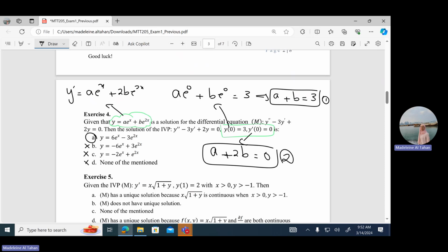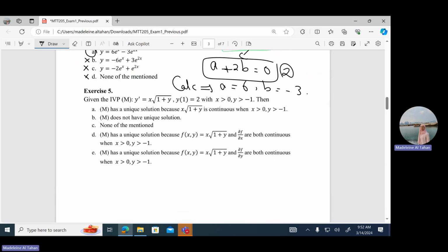So, correct. Using the calculator, A equals 6 and B is equal to negative 3. Because we have 2 equations. Any questions? All of us got the same answer using the calculator?